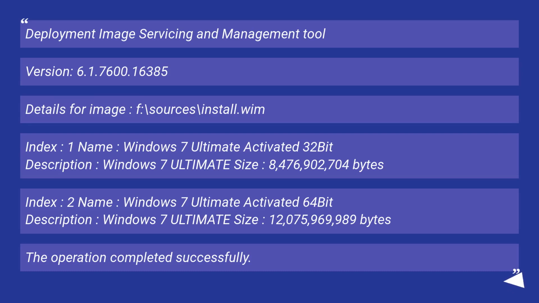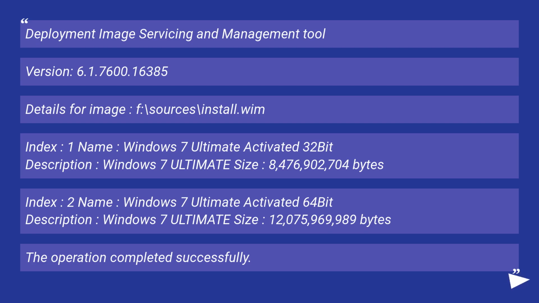Deployment Image Servicing and Management Tool. Version 6.1.7600.16385. Details for image F:\sources\install.wim. Index 1, name Windows 7 Ultimate activated 32-bit.